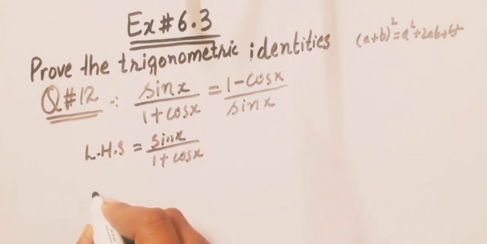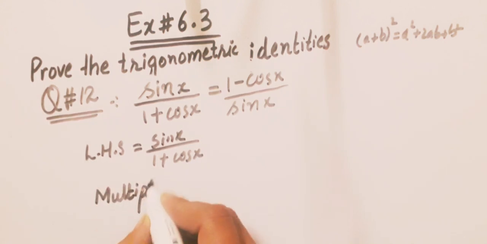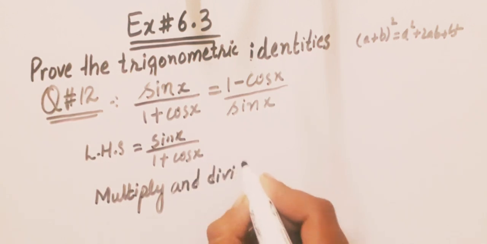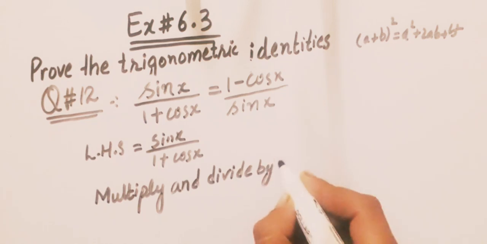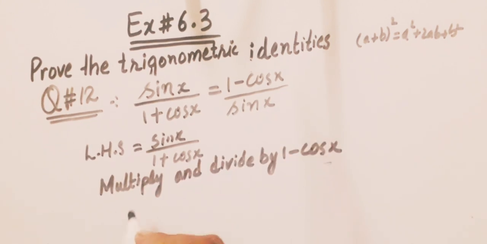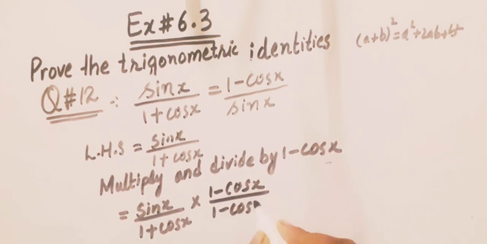So multiply and divide by 1 − cos x. So we have sin x by 1 + cos x multiply by (1 − cos x) by (1 − cos x).